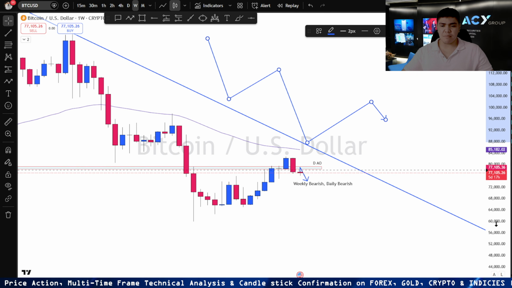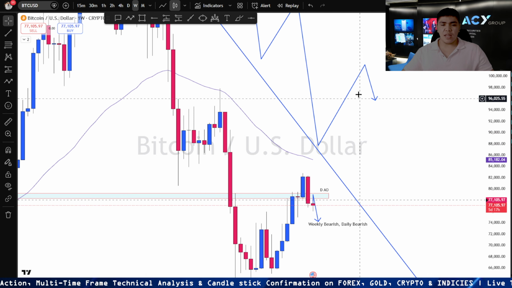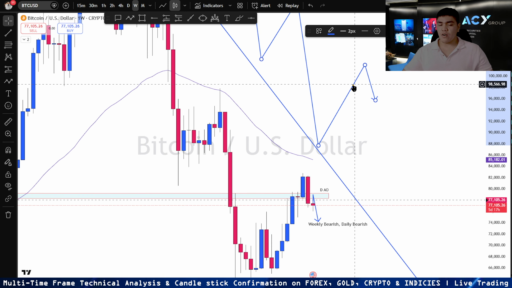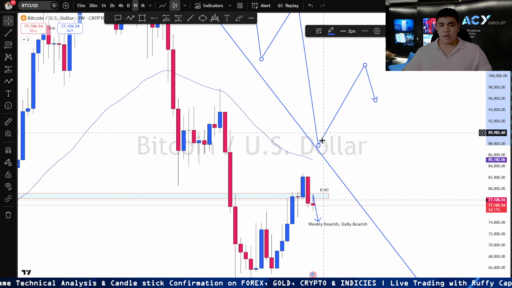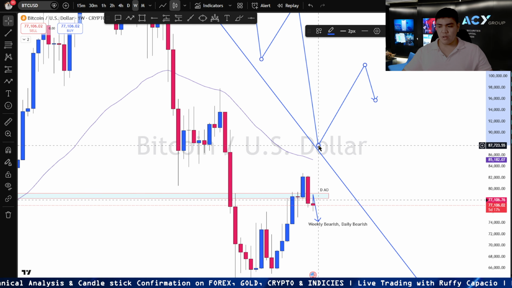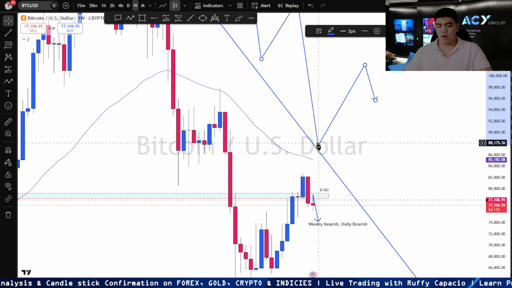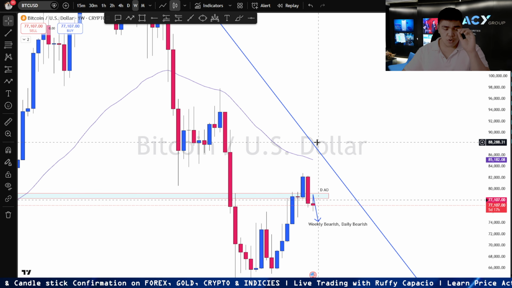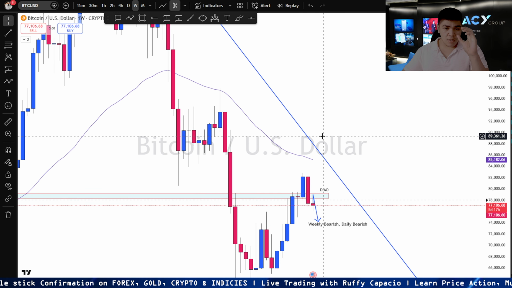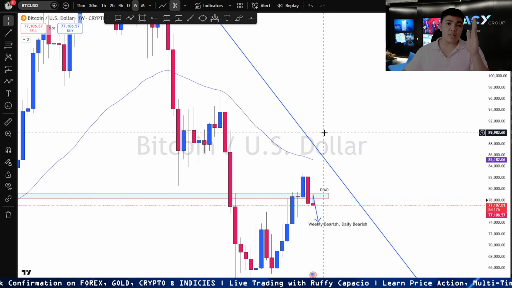Even creating this massive bearish engulfing, indicating a strong confirmation for a downtrend continuation.